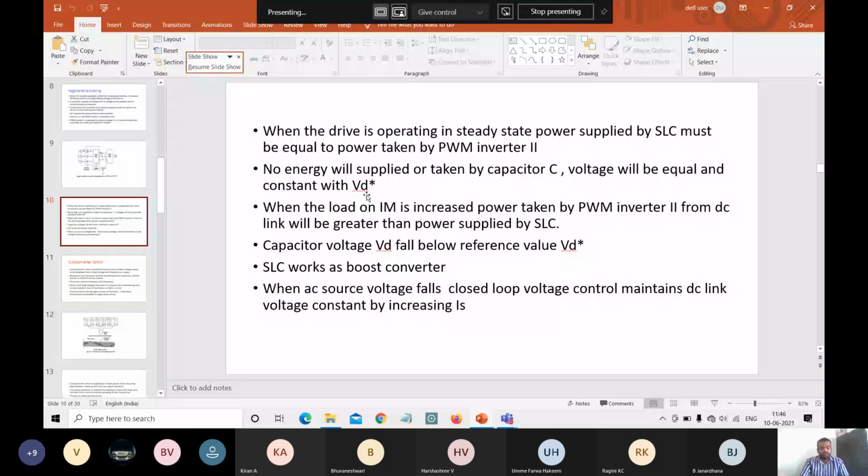When the AC source voltage falls, the closed loop voltage control maintains the DC link voltage constant by increasing the IS. As soon as the source voltage decreases, it increases the source supply, which is the working of our closed loop controller. The increasing and decreasing actions are taken by the closed loop control.